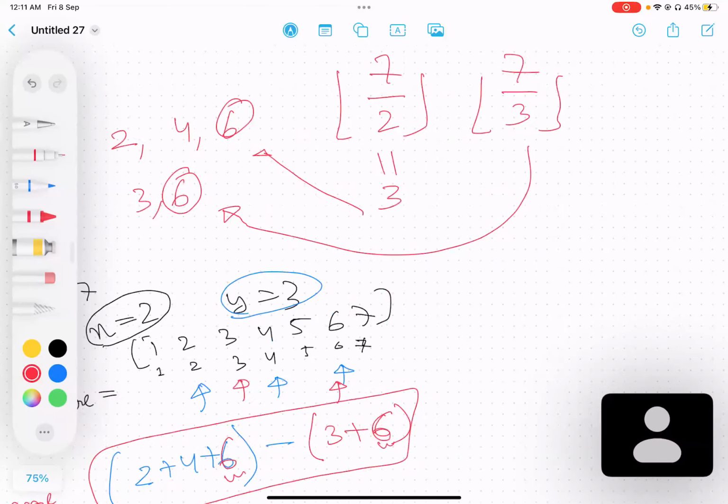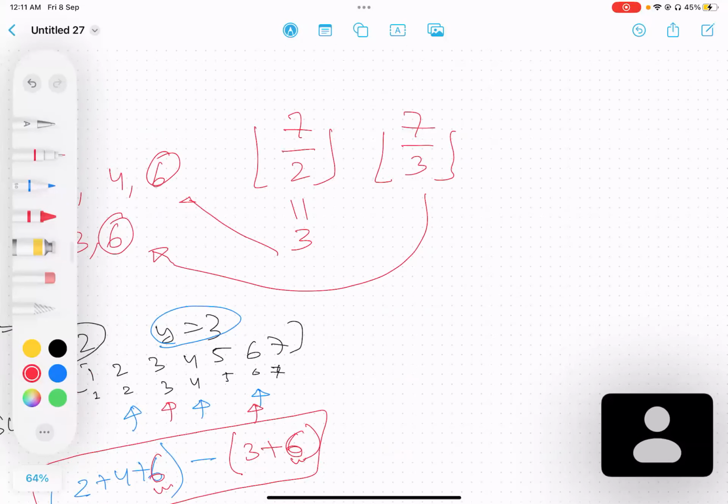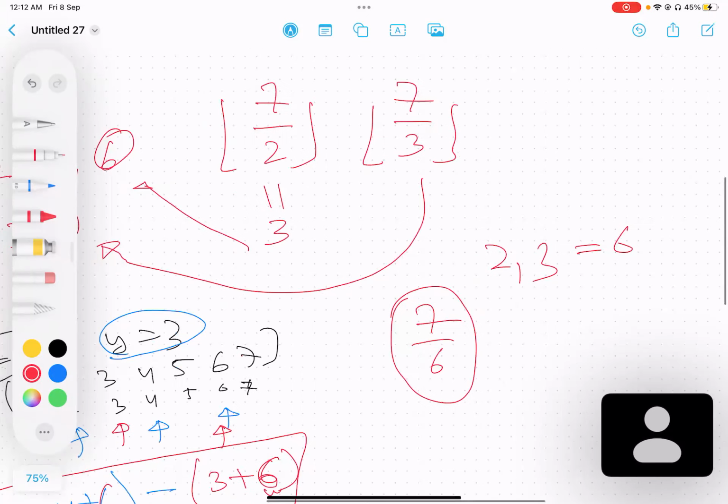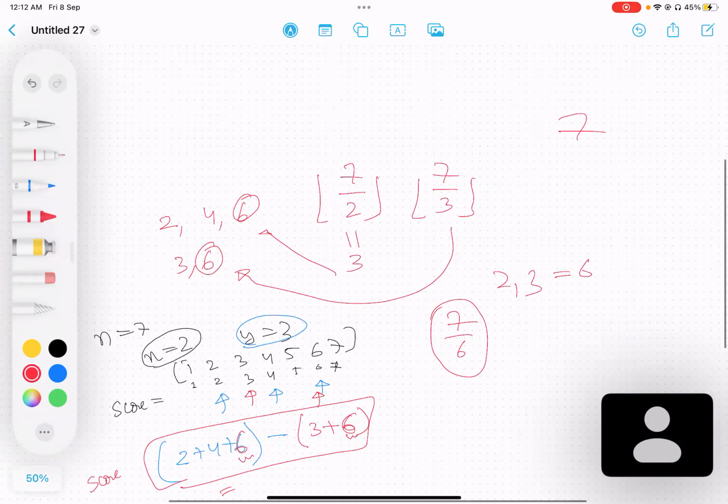If you want to find the common part, let's take the LCM of 2 and 3, which is 6. So if I do 7 by 6, I will get the common part. 7 by 6 is 1, so that's why this one is common.